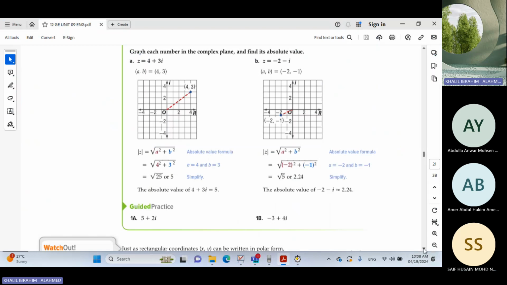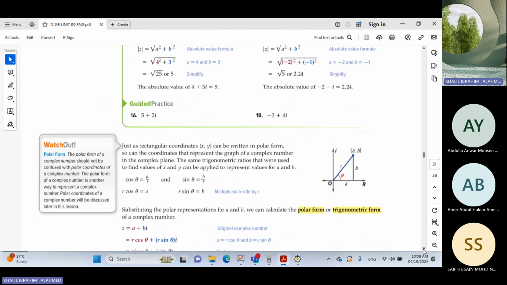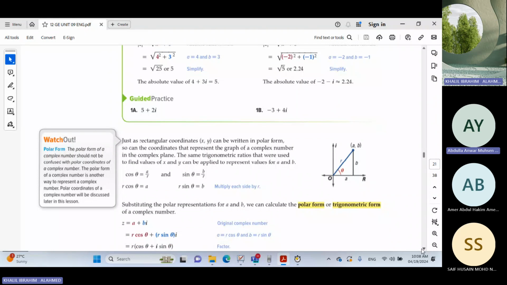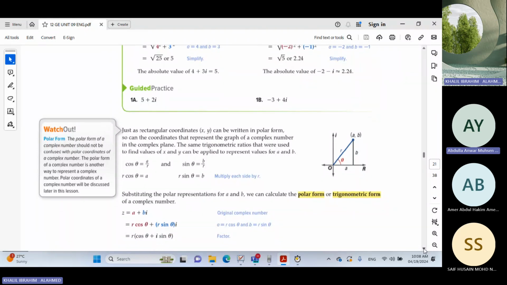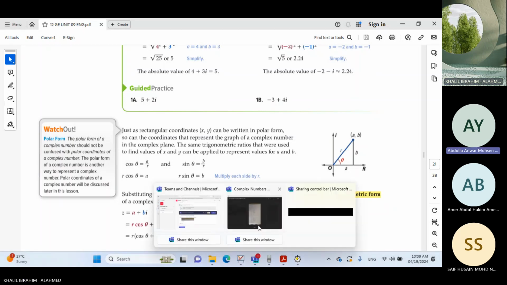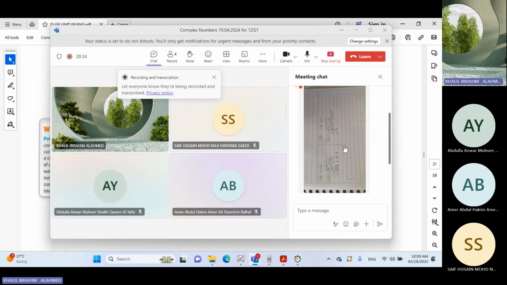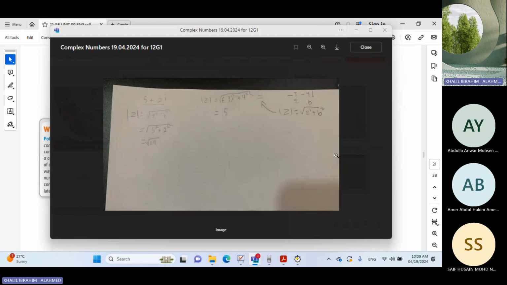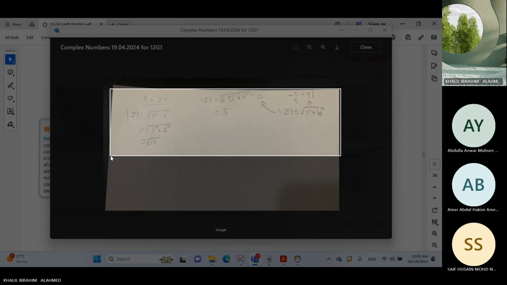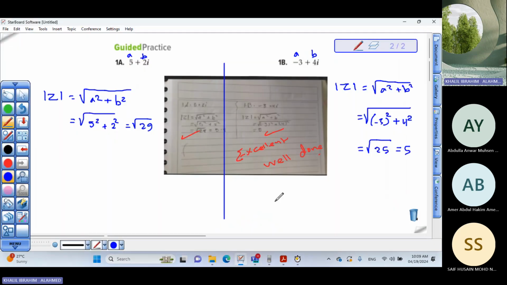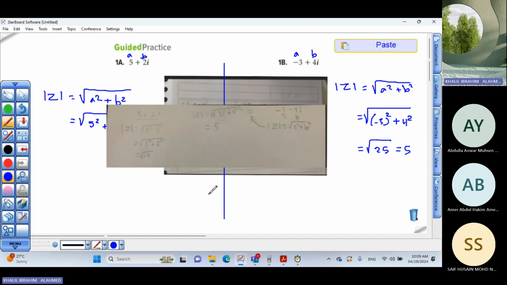Okay, let's move to the next idea in our lesson today, how to convert from... Sir, I put it in the chat. Yes. Abdullah Anwar? Yes. Okay. This is Abdullah Anwar. The same. Excellent. You can take your work. Yes. It's easy to put it. This is also Abdullah Anwar.